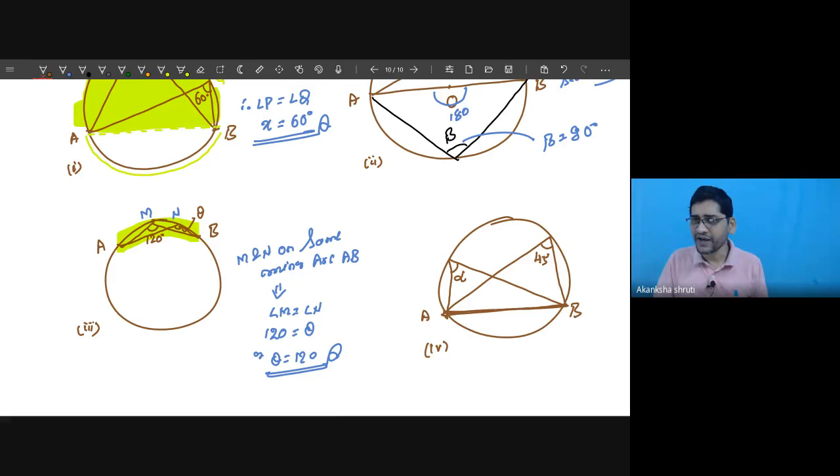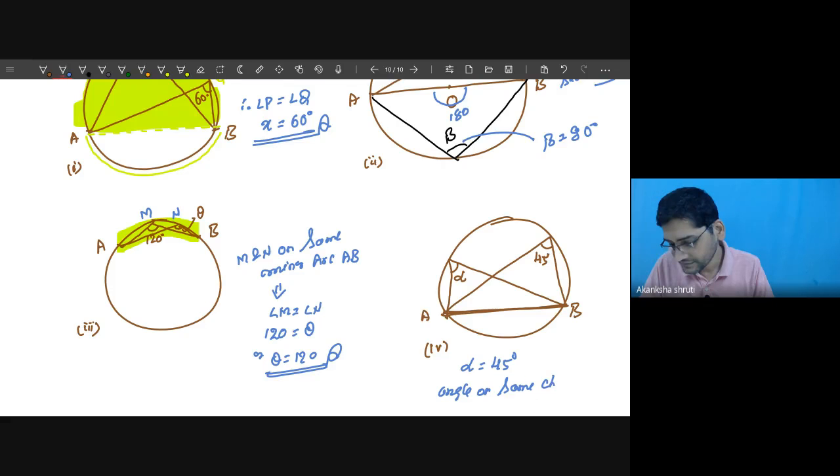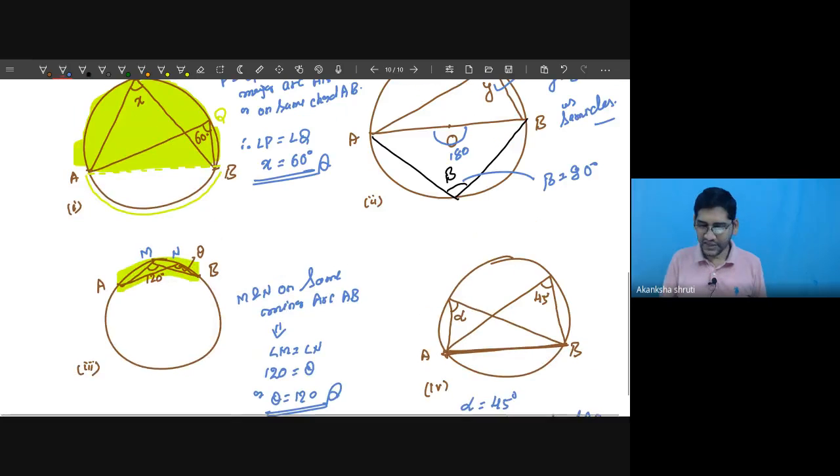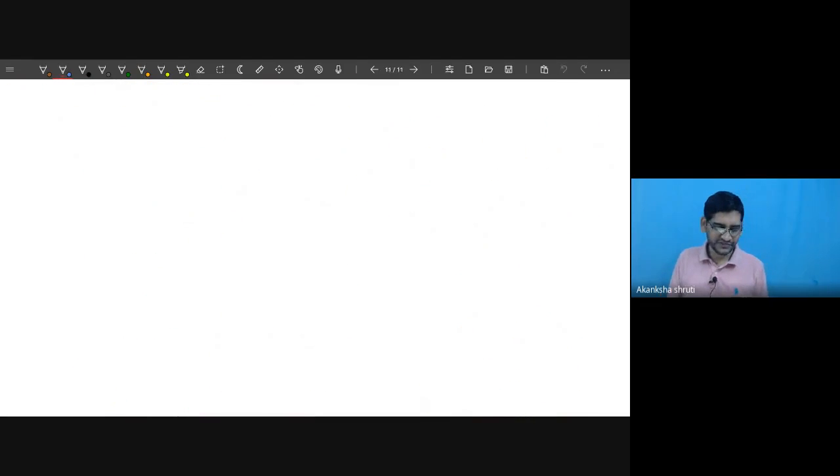What is the value of alpha? Good. So alpha is equal to 45 degree. The angle on chord AB. So whether it is considered for the chord or just leaving it looking for the arc, you will get the same result.